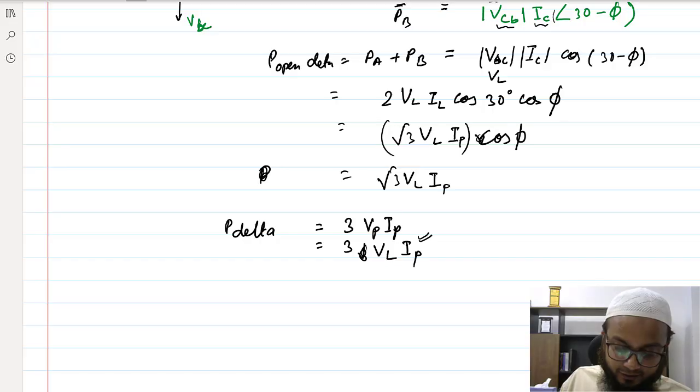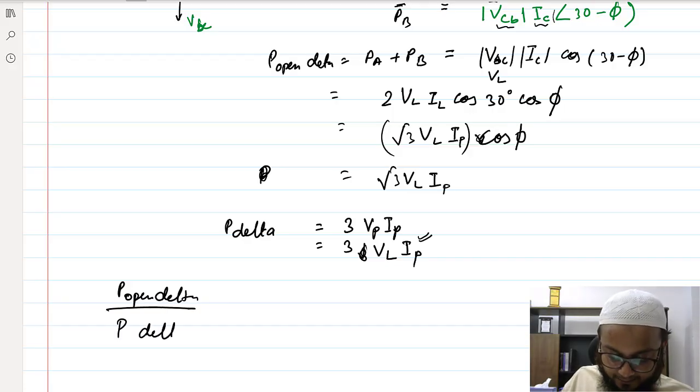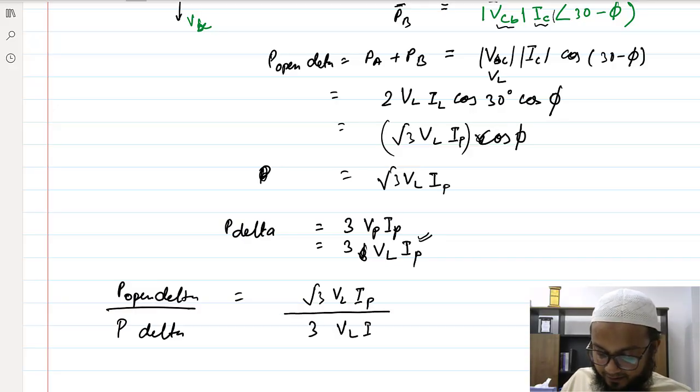And if I find the ratio of P open delta upon P delta, I'm just writing about the apparent power. I'm not considering the power factor, because this will reflect on the reactive power as well. So root 3 VL into IP upon 3 times VL into IP. It is actually 1 upon root 3.